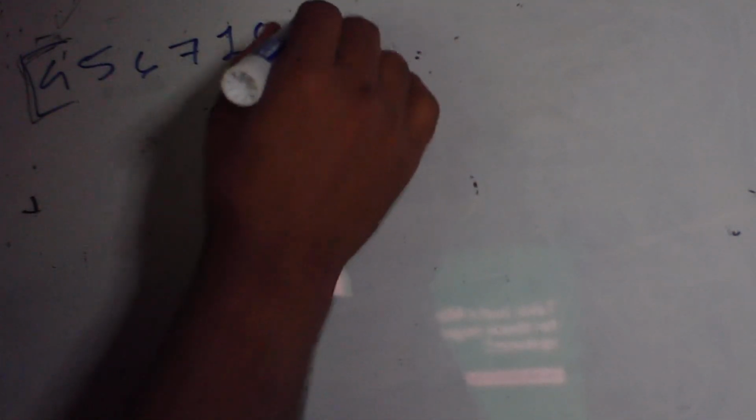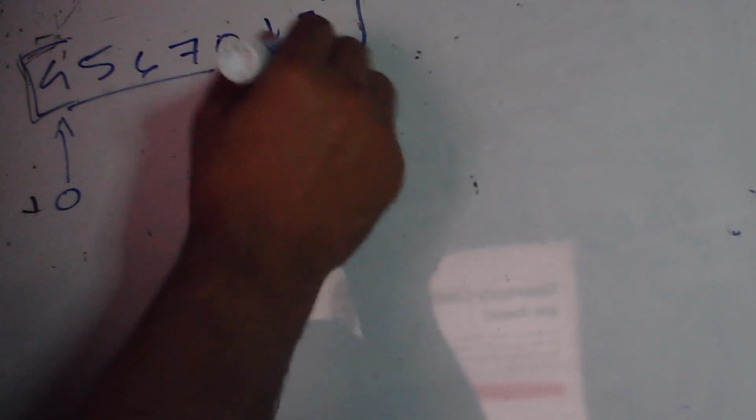Let's say it's given like 4, 5, 6, 7, 0, 1, and 2, right? So here it is rotated.